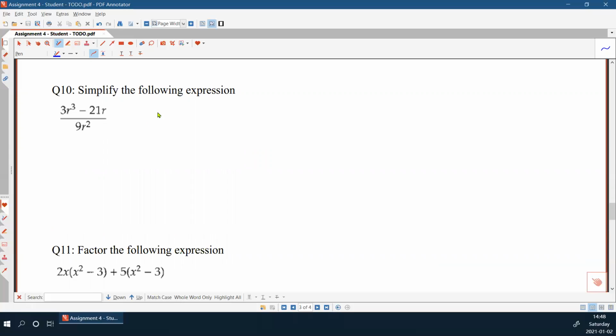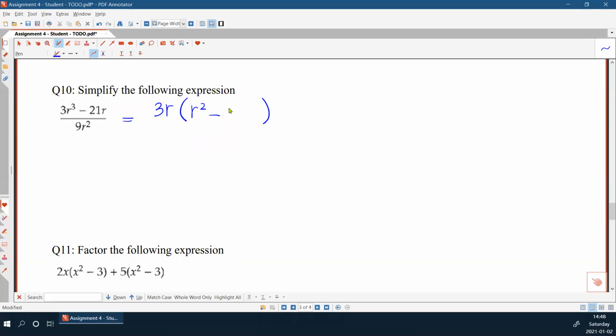Simplify the following expressions. Okay, to simplify this, the first step is to factor anything that is applicable. For the numerator, apparently the common factor here is 3r, right? If we put 3r in front, what's left behind in the brackets? First term, we have r squared, right?